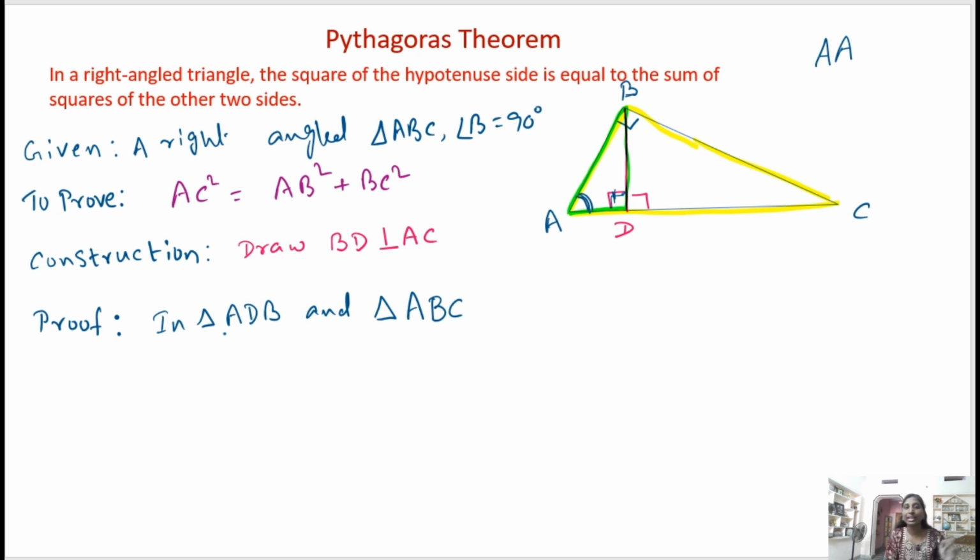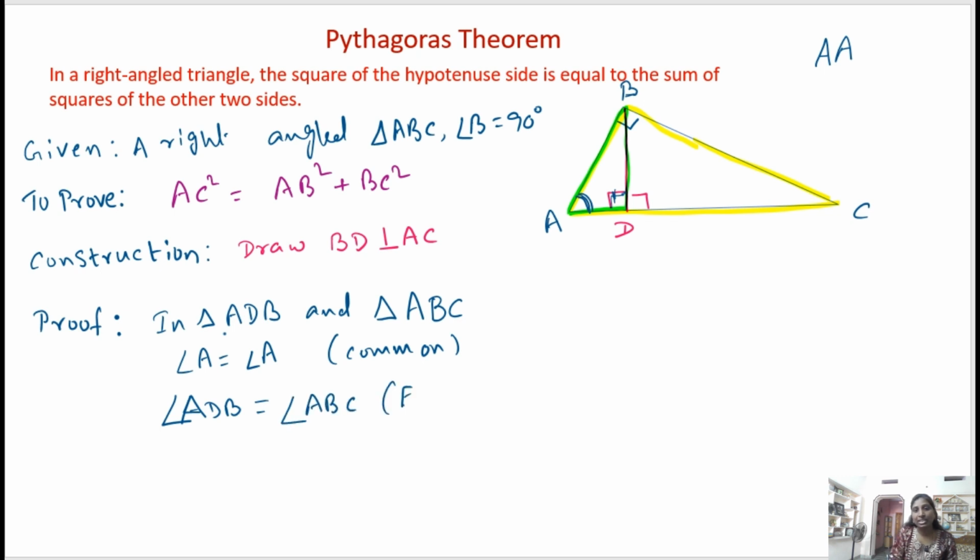In triangle ADB and triangle ABC, angle A is equal to angle A. What is the reason? Common. And in small triangle ADB, we can write angle ADB is equal to, in big triangle, angle ABC.